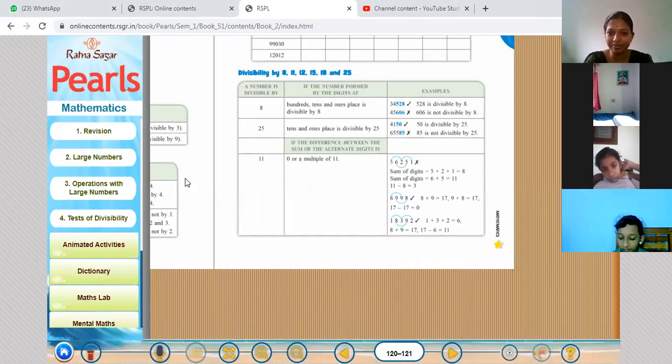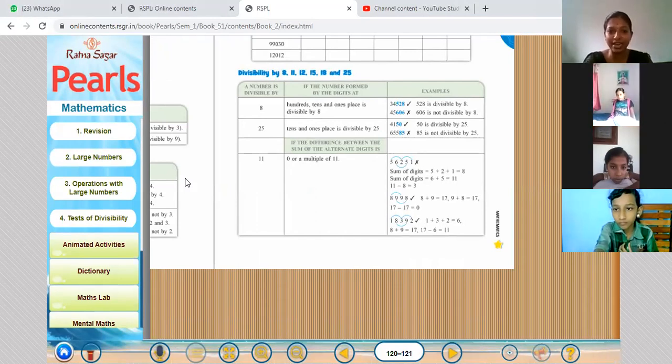It is a little more complex, but don't worry about that. We have to check how we say a number is divisible by 11. What is the rule given in the textbook?